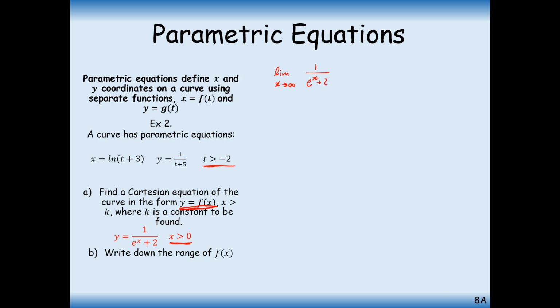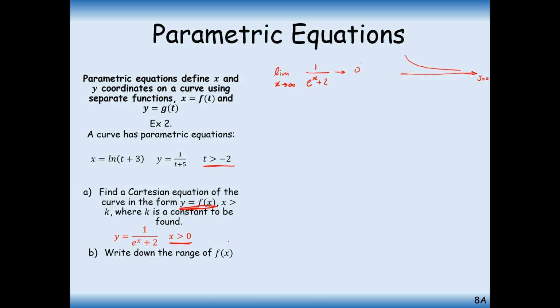Well, the e to the power of x will explode in the denominator, so it will become a larger and larger value, and 1 divided by a very large value will approach zero. So therefore, y value will be approaching zero. So the curve will have an asymptote of y equal to zero, it's a horizontal asymptote.